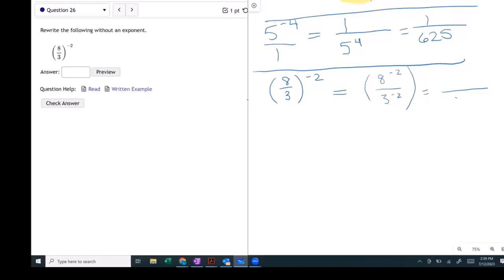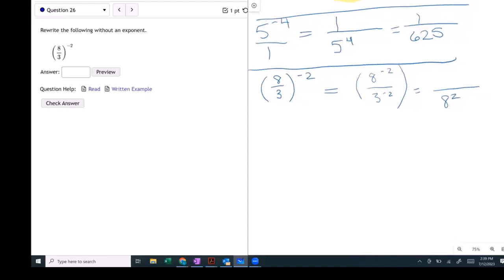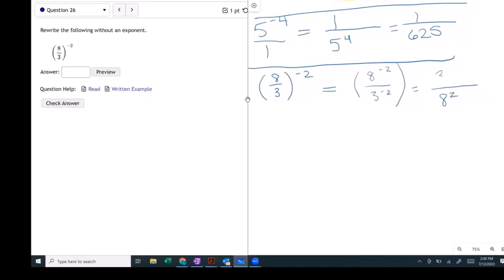At the bottom, because it's already at the top. How about 3 to the -2? That goes at the top and becomes 3 squared. So this becomes 9 over 64. One way.